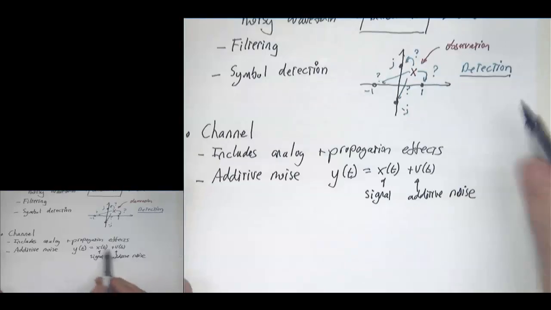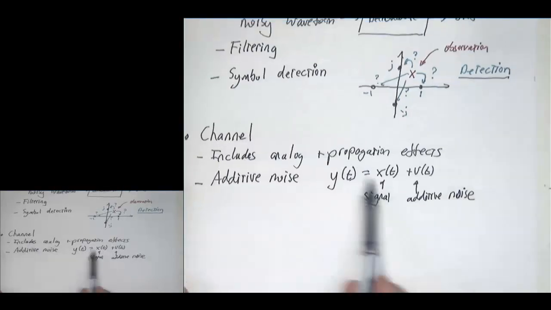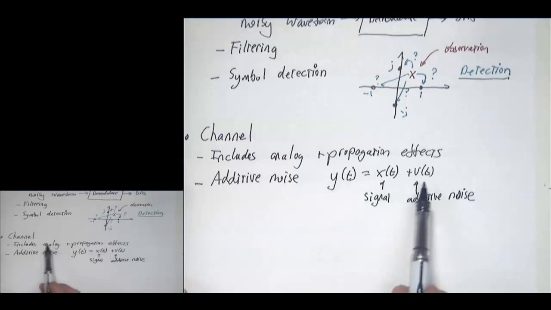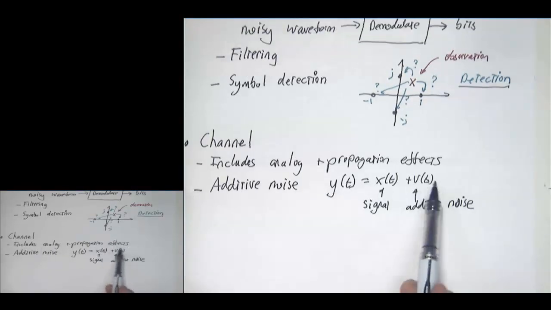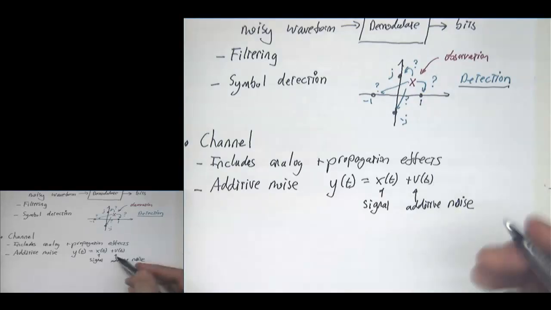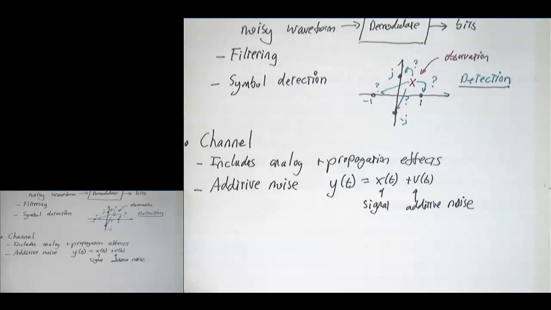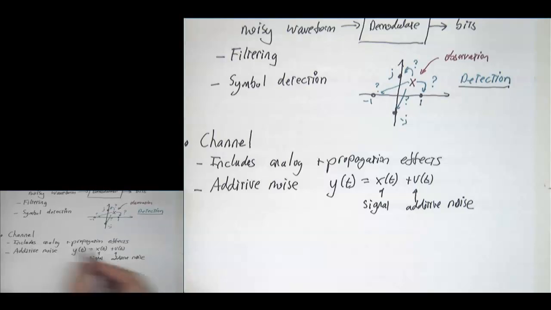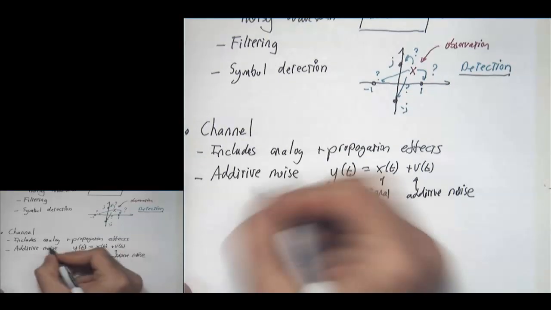But this is an example of a kind of channel. So the channel is a model for our received signal. And so we say that, okay, all the analog impairments and everything contribute to this unknown quantity here that we're going to call noise. And then we're going to develop a mathematical model for noise and use that to derive detection boundaries. So that's something that comes from the analog piece.